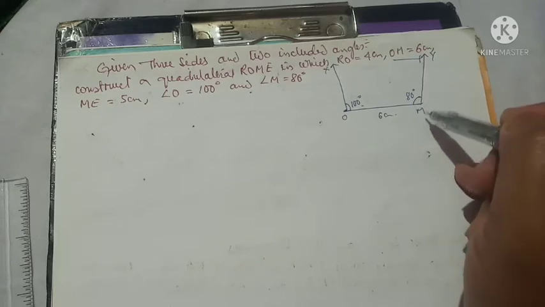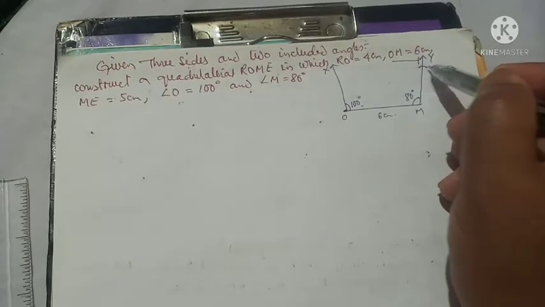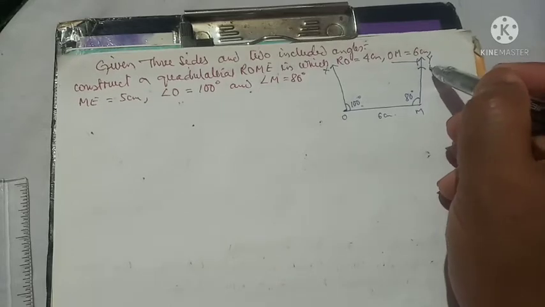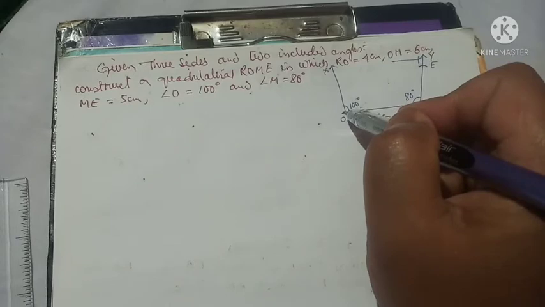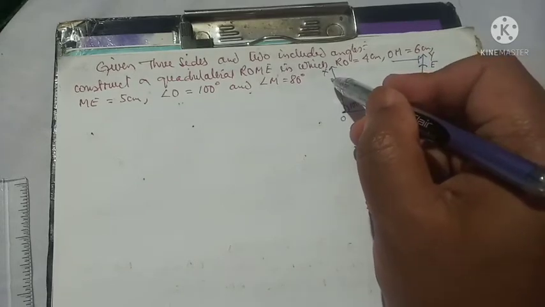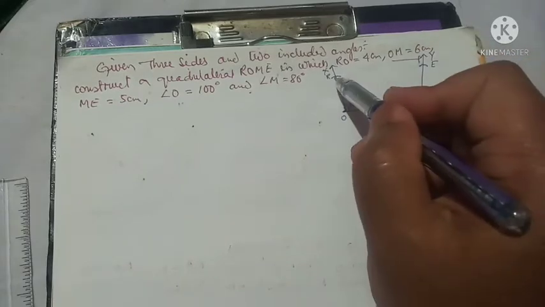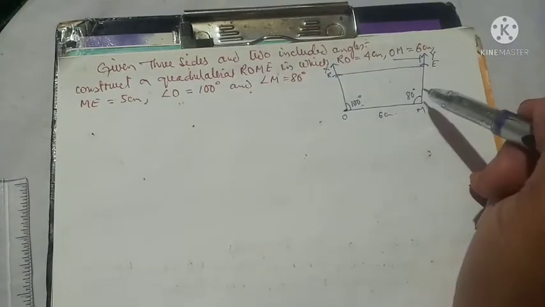We draw a radius of 5 centimeter, and that joining point we call E. From O also we draw an arc at 4 centimeter. We name the point R. Join R and E, we form a quadrilateral ROME.